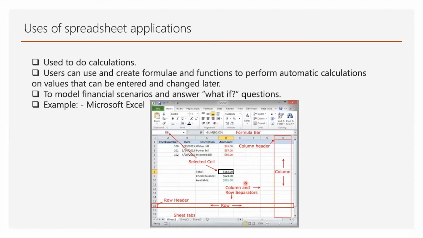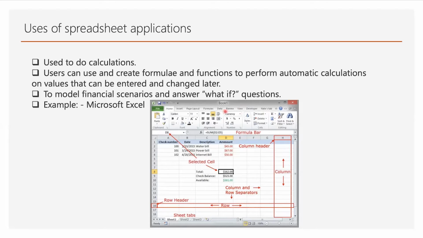Did you understand the components here? Other than this, there is a formatting toolbar. As usual in Microsoft Word, you have the justification option. You can change the font size, font style, bold, italics, underline, and the color of the font. All formatting things are here. There is a menu bar with File, Home, Insert, Page Layout, Formulas, Data, Review, View, Developer.